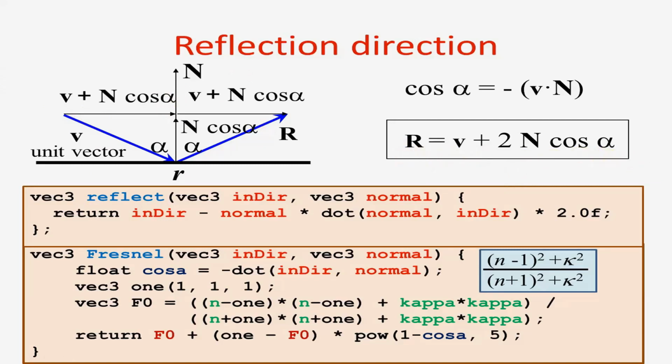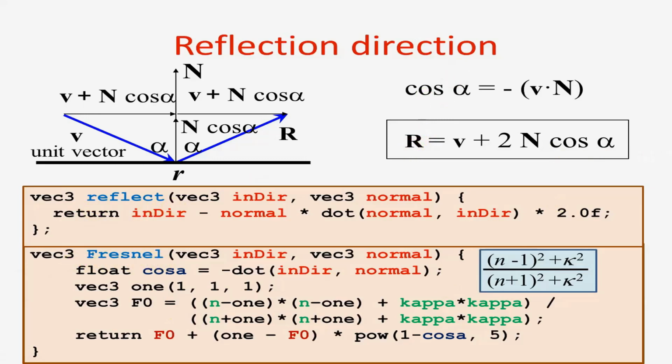For the amount of reflected light, we use the approximation of the Fresnel function. For computer simulation, we need two functions. Function reflect is the implementation of the reflection direction formula. Function Fresnel determines the portion of light being reflected.